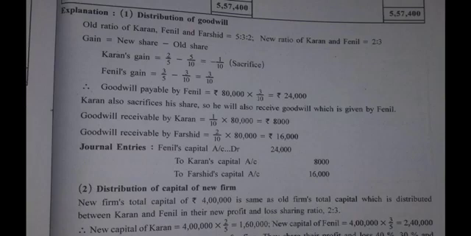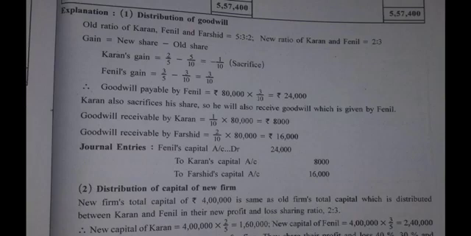But if it is instructed that still it should be 4 lakh as it was in the old form, then instead of totaling and obtaining the amount of difference, you directly find out the balance of capital, because you already know the total is going to be 4 lakh and it should be in the new ratio.